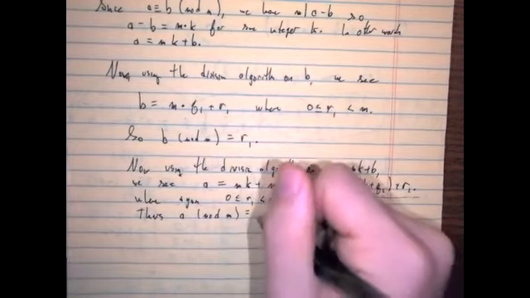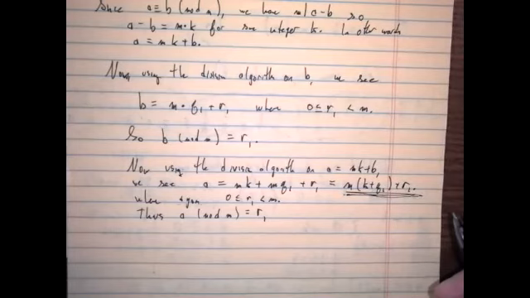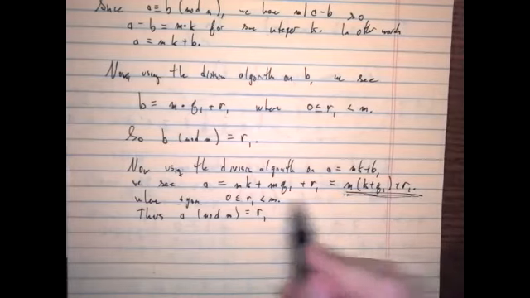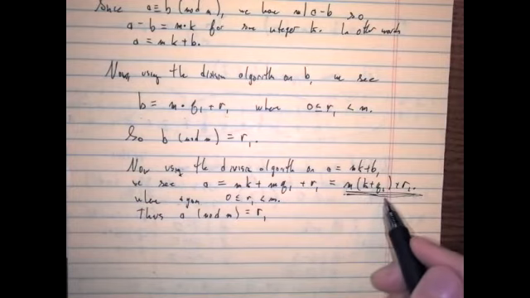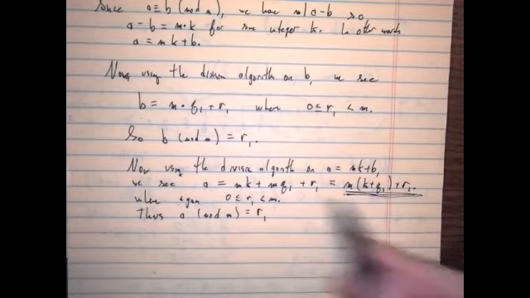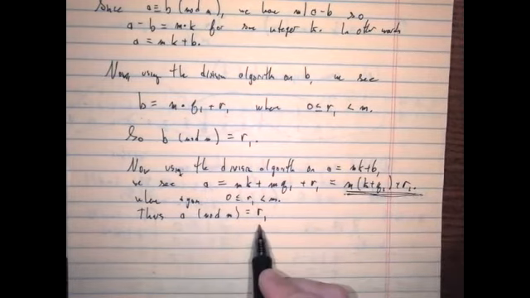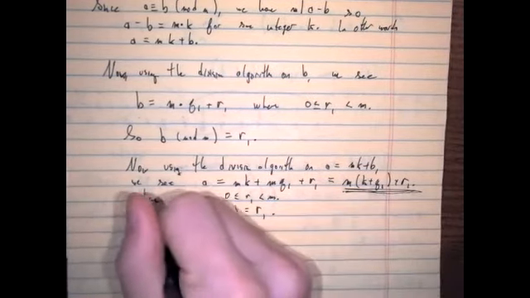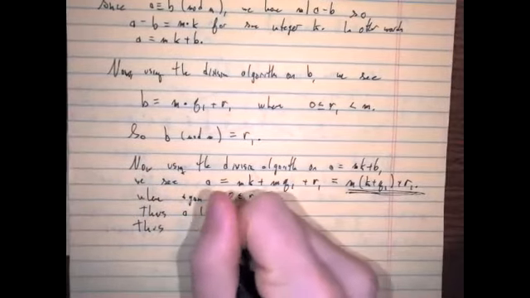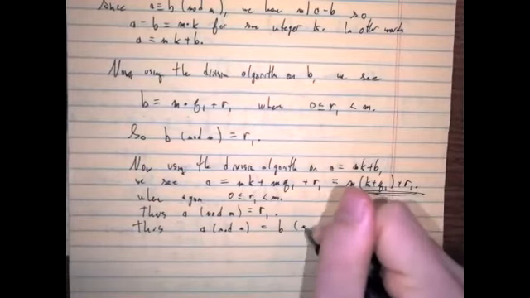Yeah, A mod M is also equal to R1, just by this expression. What mod does is you write your number in the division algorithm, namely M times an integer plus a remainder, and I did that for A, and its remainder was R1. But now I see that the remainder for A mod M is the same thing as the remainder for B mod M. Thus, A mod M is equal to B mod M.